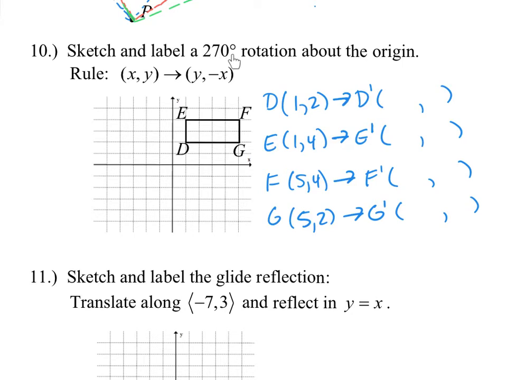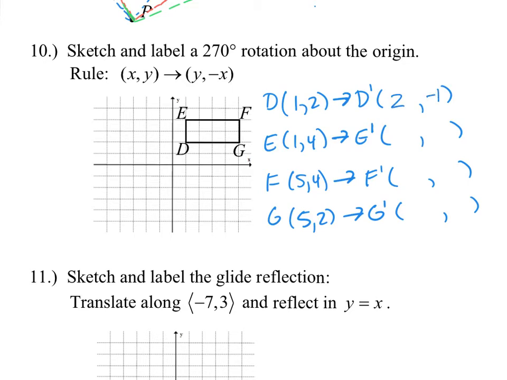If you're going to do a 270-degree rotation about the origin, just take your X and Y value, you're going to change the sign on X, and then you're going to switch them. So XY becomes Y negative X. So that means if our pre-image point D has coordinates 1, 2, change the sign on X and then switch them. So D prime would have coordinates 2, negative 1.